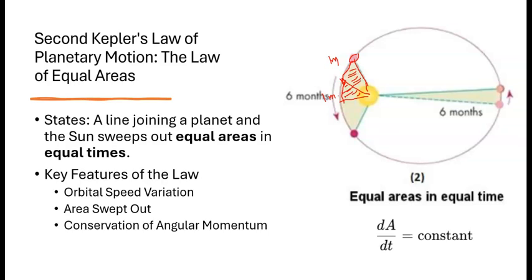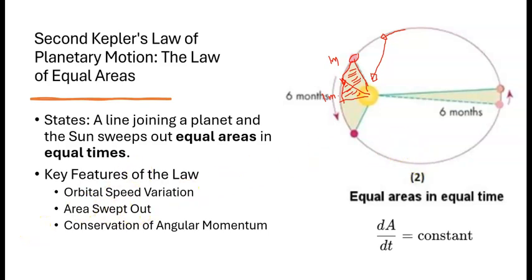And the conservation of angular momentum means that when the planet moves near the sun, its orbital speed is increasing in order to maintain its angular momentum. So when it moves away from the sun, the orbital speed starts to decrease.